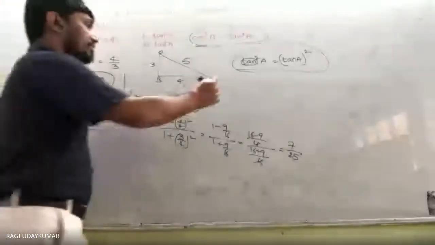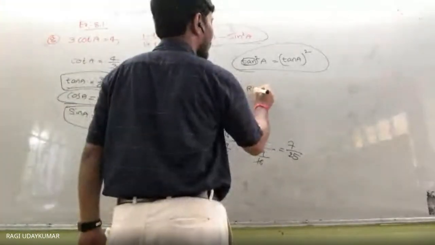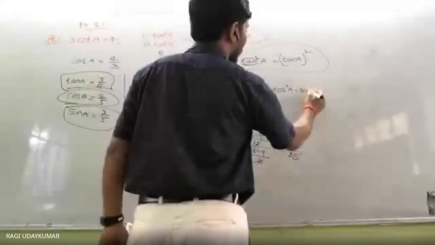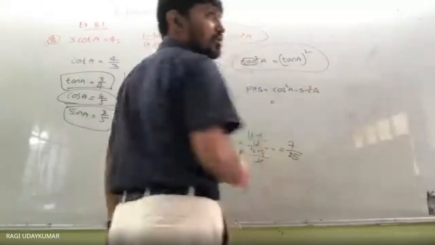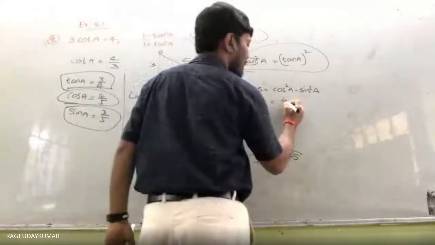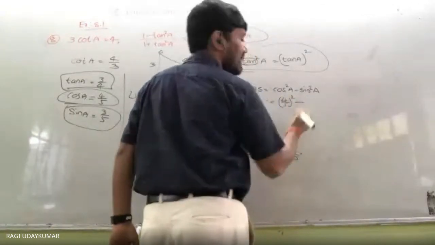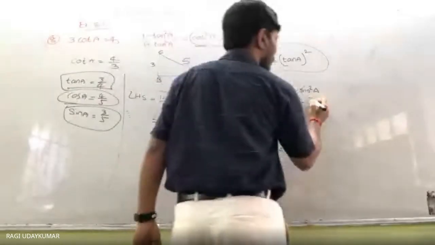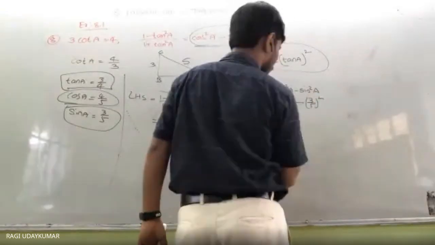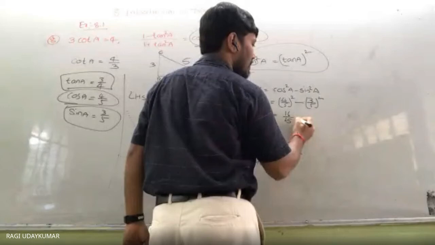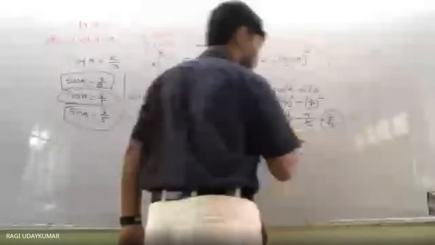Okay. Now RHS is what here? RHS is equal to cos square A minus sin square A, which is equal to cos A, what did we get, 4 by 5. 4 by 5 whole square minus sin A, 3 by 5, 3 by 5 whole square. So which is equal to 16 by 25 minus 9 by 25, which is equal to 7 by 25. This is 7 by 25. This is 7 by 25.